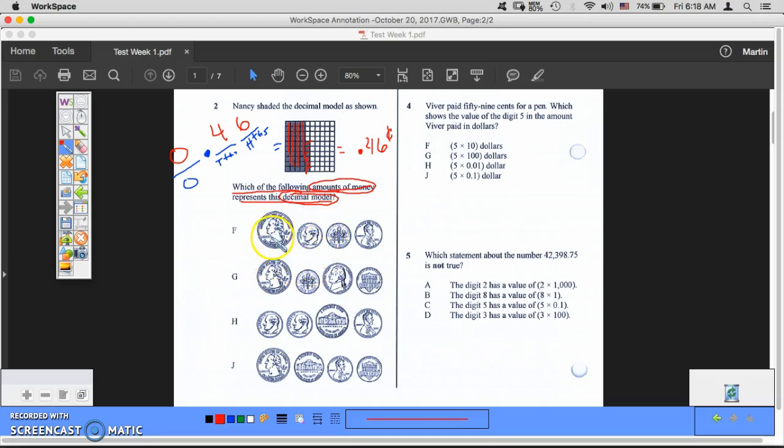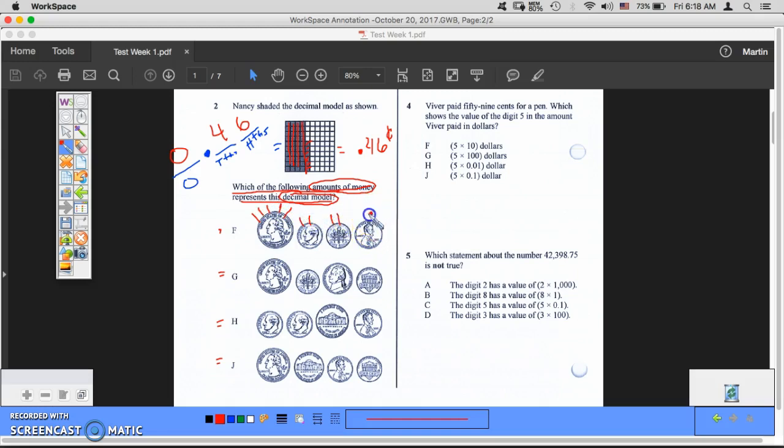So remember here we need to do our Harry Larry's. So right next to the letters, I'm going to write the amounts of money that are next to them. So here is my quarter. So let me do my Harry Larry's. 5, 10, 15, 20, 25, 30, 35, 40, 45.